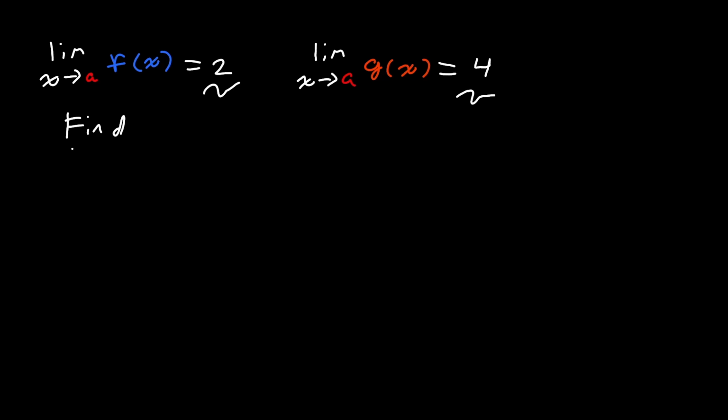Let's try something a little bit more complicated. Let's find the limit as x approaches a of 3 times g of x cubed plus 4 times the square root of f of x.